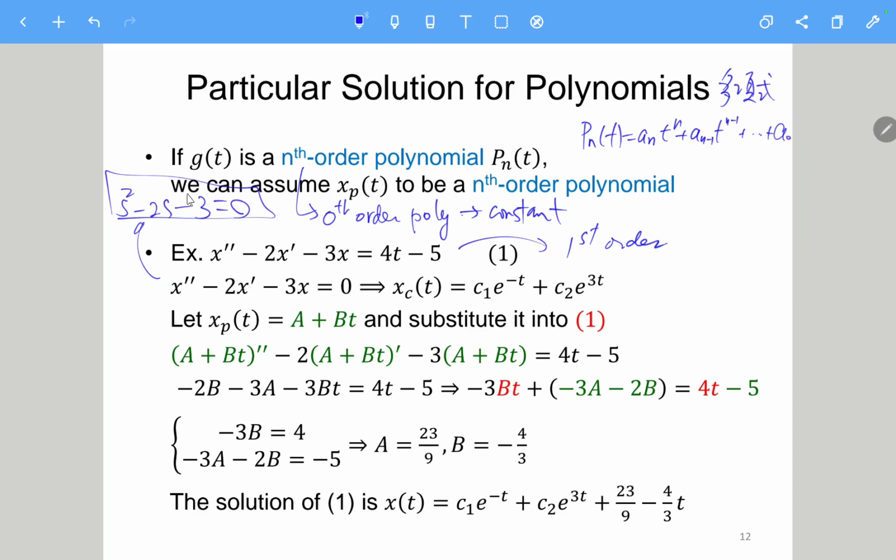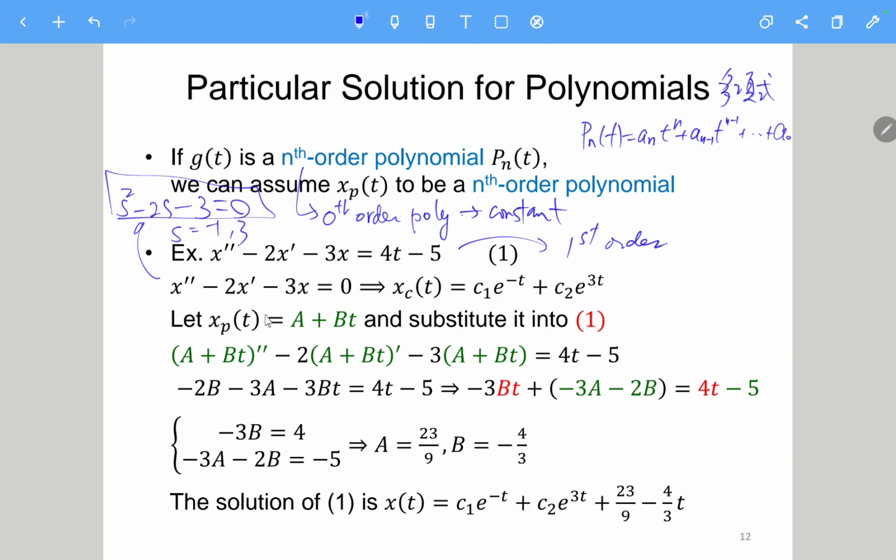Solving this, we get s equals -1 or 3. So we get exponential of minus t and exponential of 3t, and the solution is the linear combination of these two. This is the first step, to find the homogeneous solution, or the complementary solution.